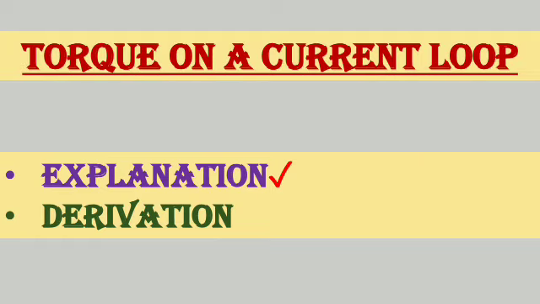I divided that topic into two parts: number 1 is the explanation part and number 2 is the derivation part. In my last video lecture, I explained the working of a DC motor, how a motor works, through a video. So inshallah in today's video lecture we will have the derivation part.